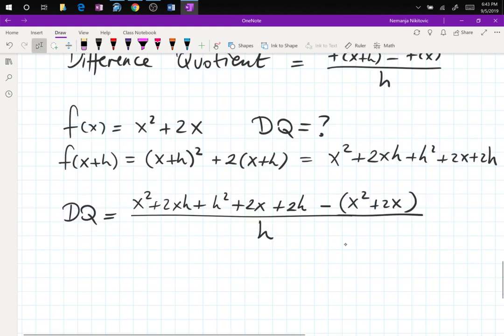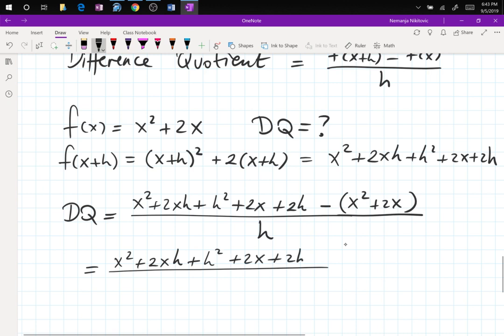Technically, you're shoveling a lot of algebra here. Now you distribute this minus. So copy all of these terms in front, plus 2x plus 2h minus x squared minus 2x, divided by h. At this point, you see that x squared and x squared cancel, and then you have positive 2x and negative 2x.